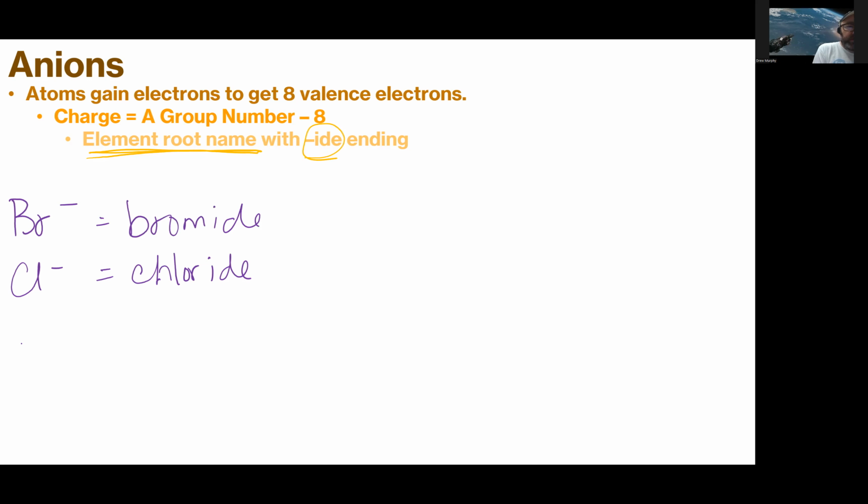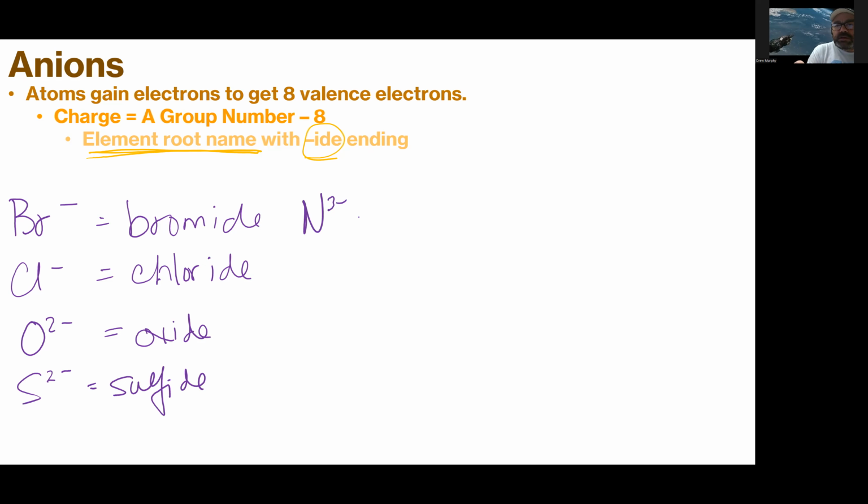If we have O2 minus, this is oxide. I'm thinking what are some of the other ones? Sulfur becomes sulfide. Oh yeah, nitrogen is one. Nitride. Okay, and so on and so on.